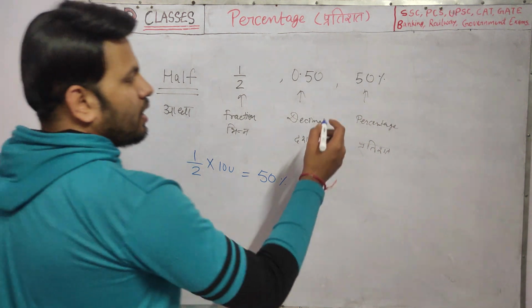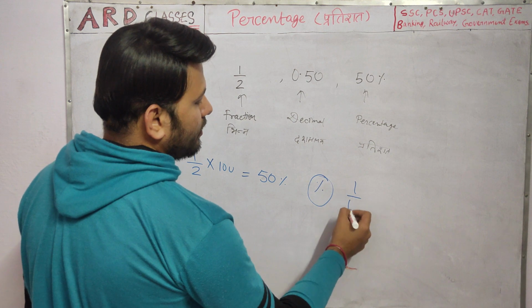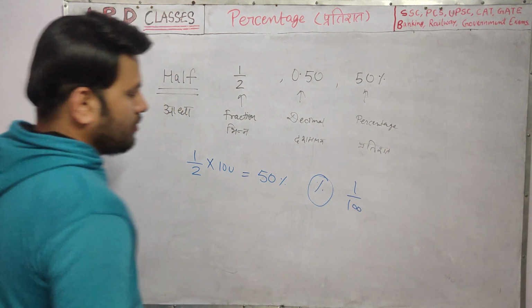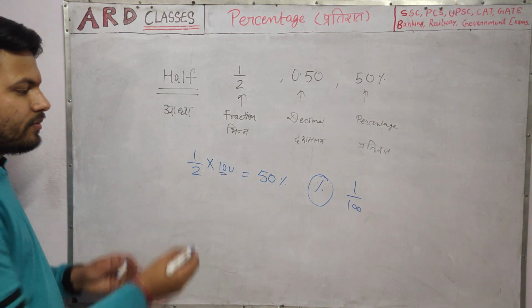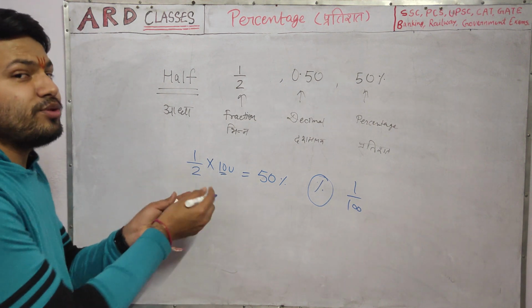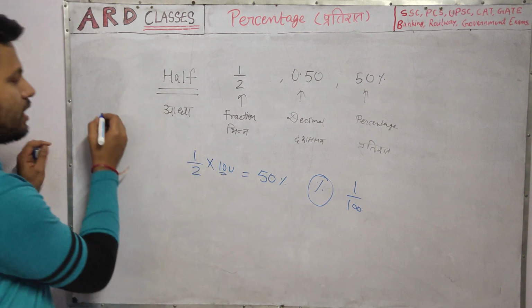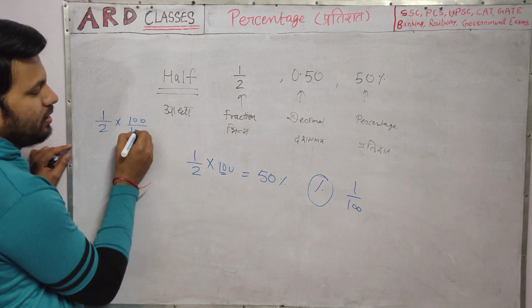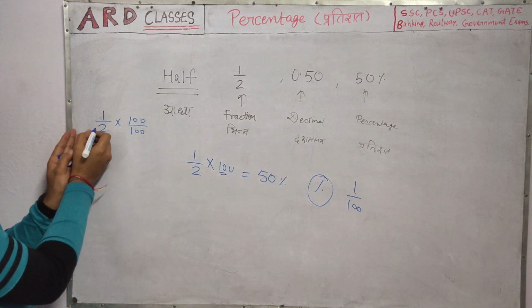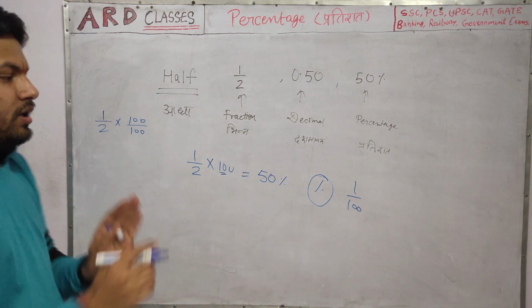So there is a sign percentage. It means 1 by 100. We multiply it by 100 by 100, so there will be no effect on the value of half.